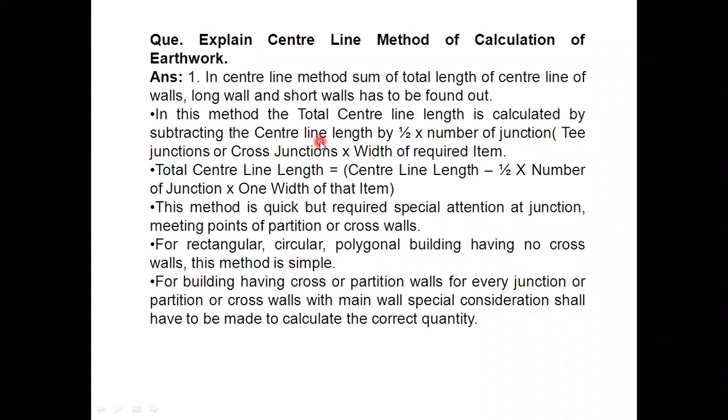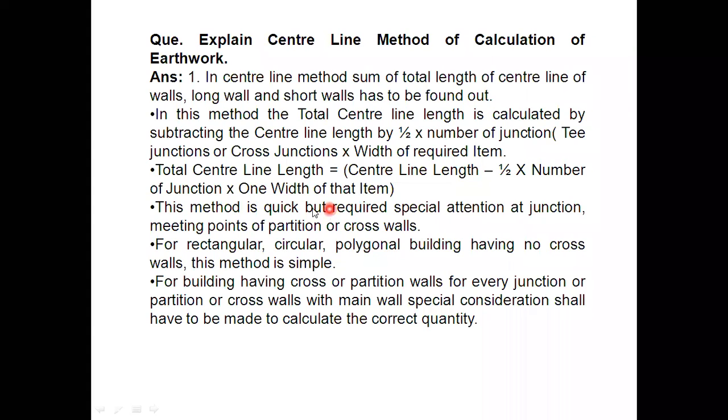Our only single formula for this method is: total center line length equals center line length, which we calculate, minus 1/2 into number of junctions into one width of that particular item.